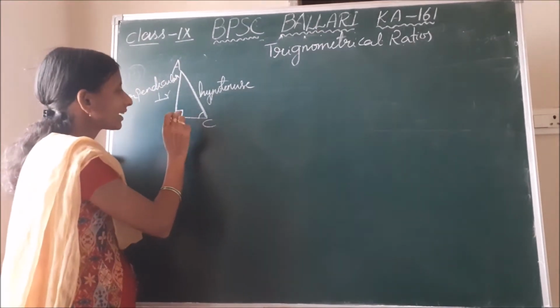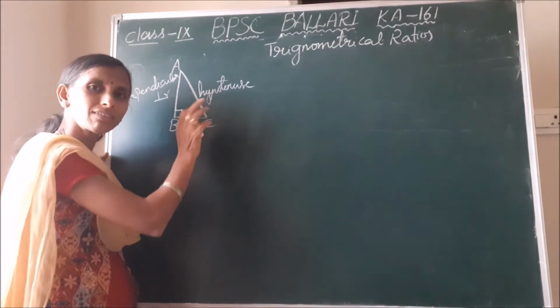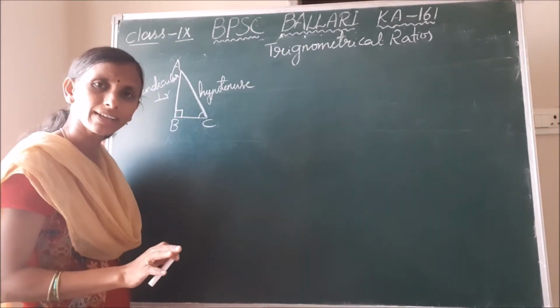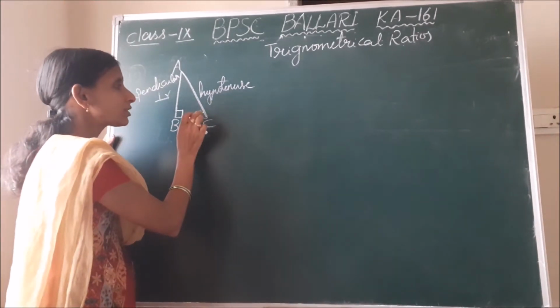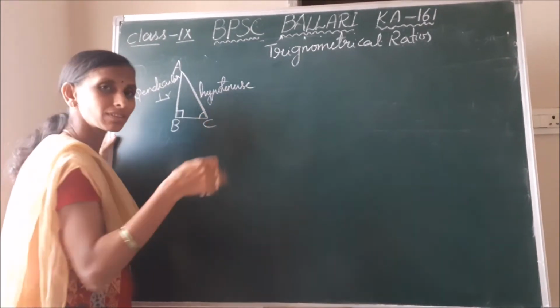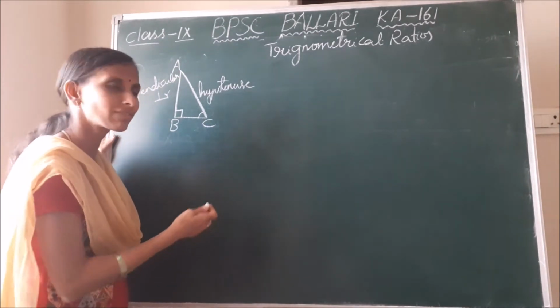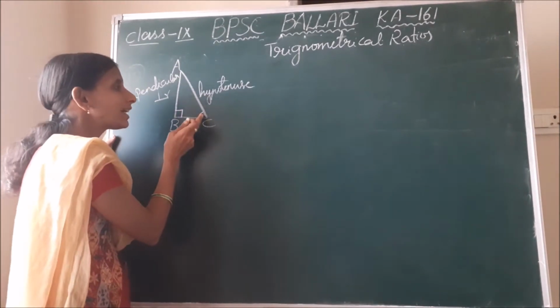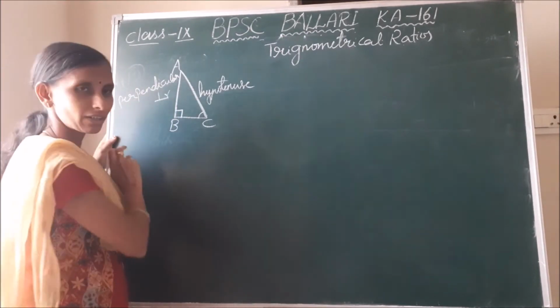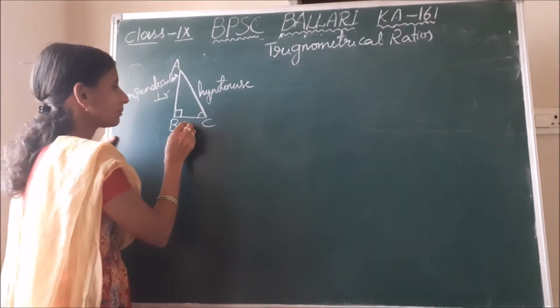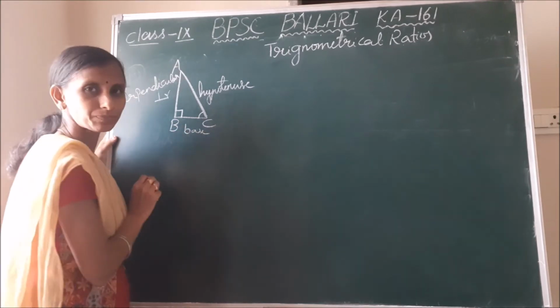For the right angle, the side opposite to it, the hypotenuse, is common for all right angled triangles. But the side opposite to the angle we are taking, which we need to find, we call the perpendicular, and the remaining side will be the base.